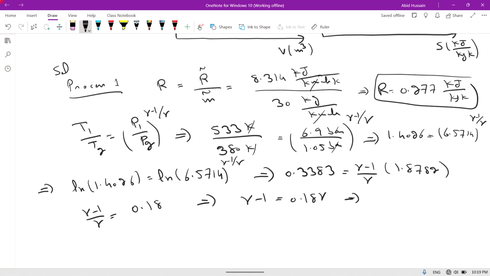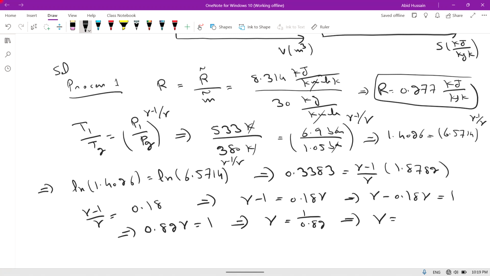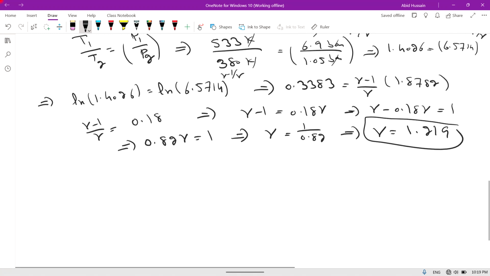Rearranging, gamma minus 0.18 gamma is equal to 1, so 0.82 gamma is equal to 1. Dividing both sides by 0.82, gamma is equal to 1 divided by 0.82, so gamma is 1.219. This is the value of gamma.